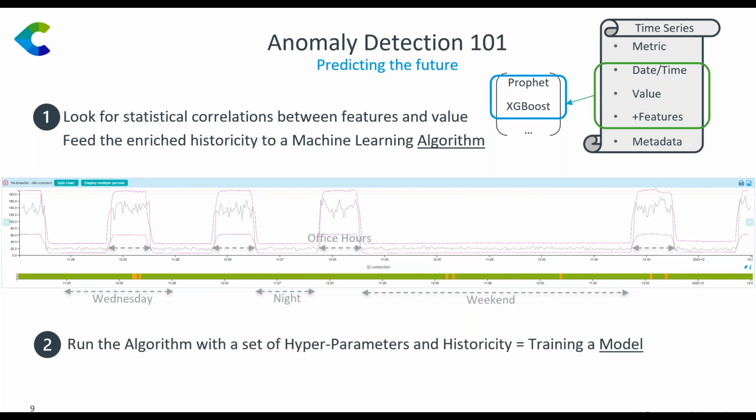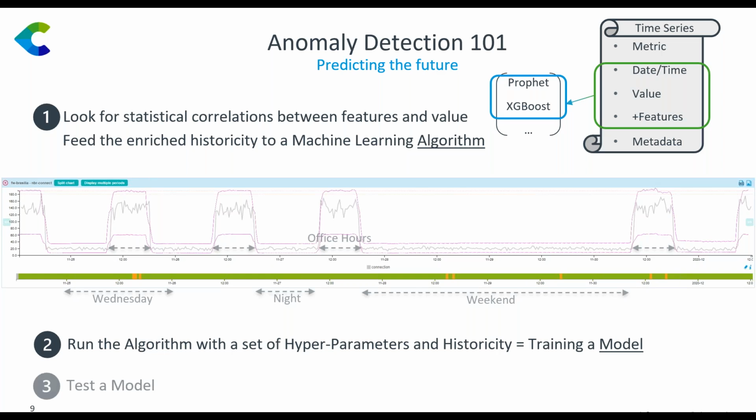And in our example, it would say something like, around office hours, I'm expecting a value oscillating somewhere around 140. Around slow activity periods, which are basically nights and weekends, I'm expecting a value somewhere around 20. So this is an example of one result of the model.